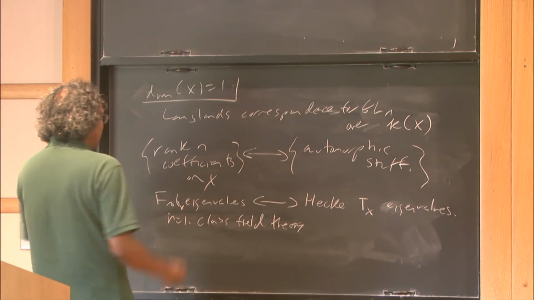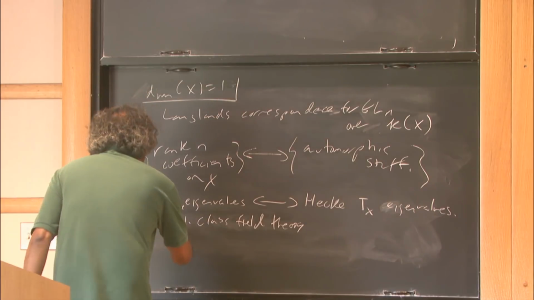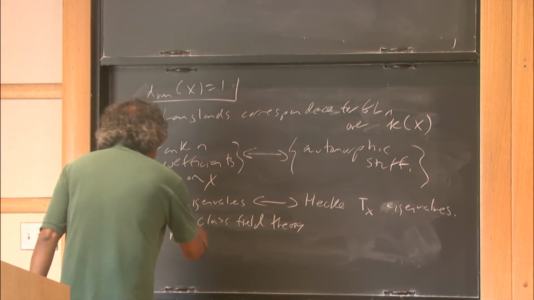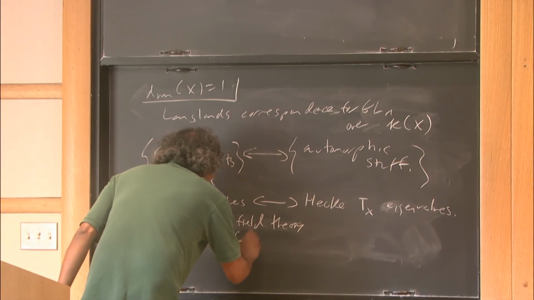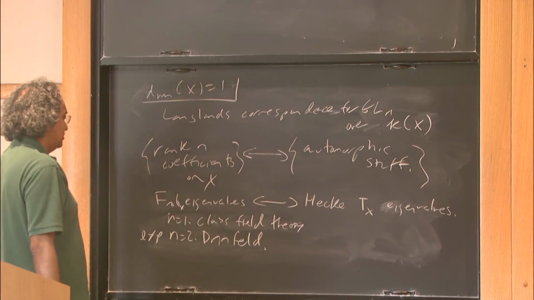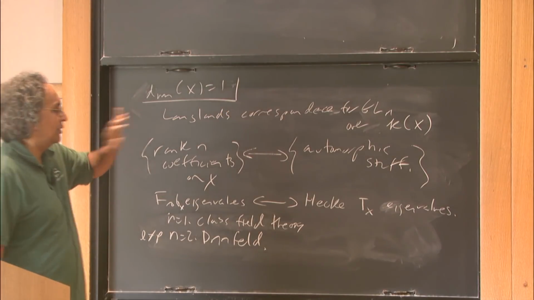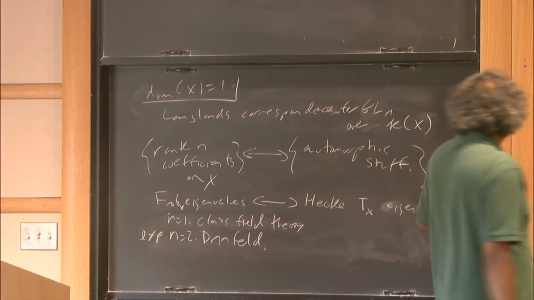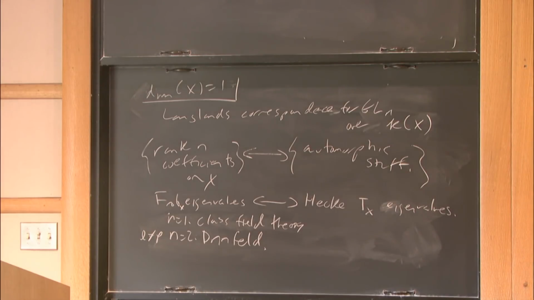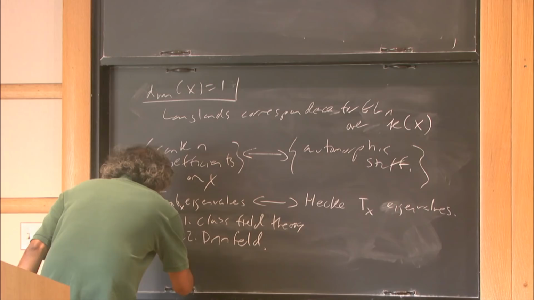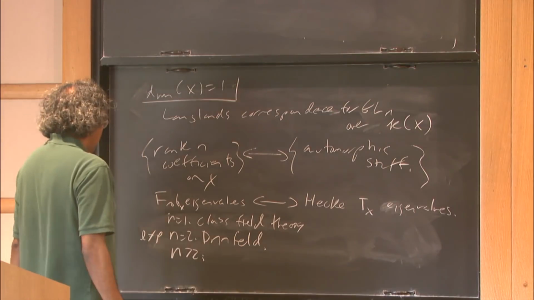For n equals 2, and let's say l not equal to p, this was done by Drinfeld about the same time as Deligne wrote his Weil II paper. And the fact that this happened, I think, was some of the motivation that made Deligne willing to pose this conjecture. Drinfeld happens to be on campus today, so maybe ask him.